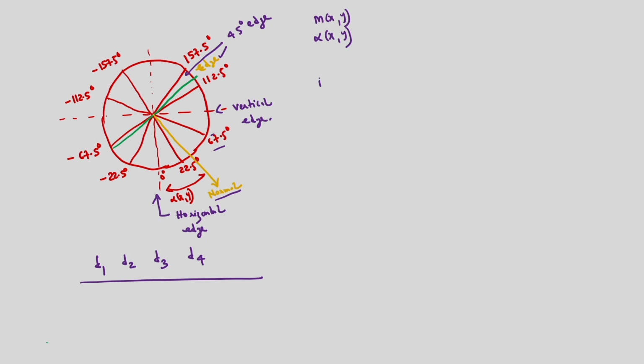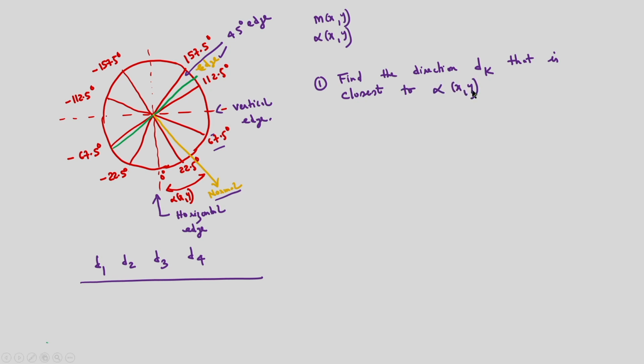First step: find a direction dk, among D1, D2, D3, D4, that is closest to the angle alpha xy.